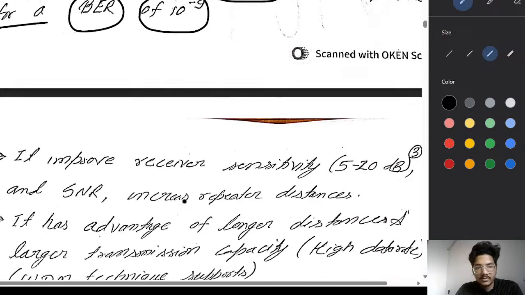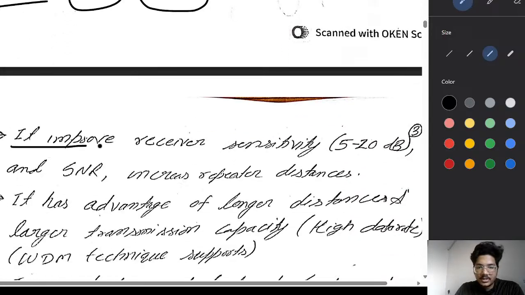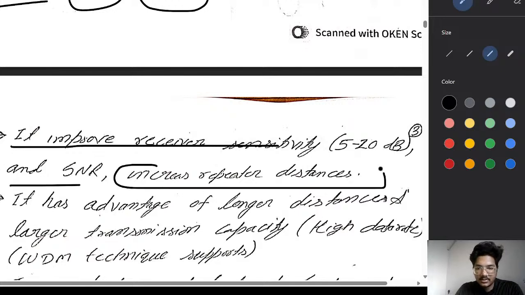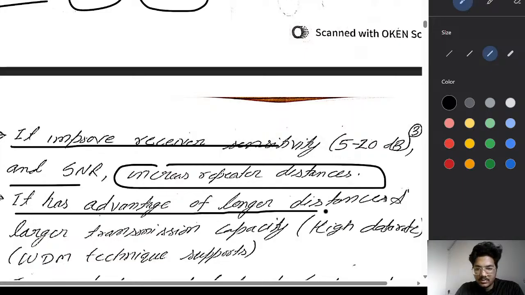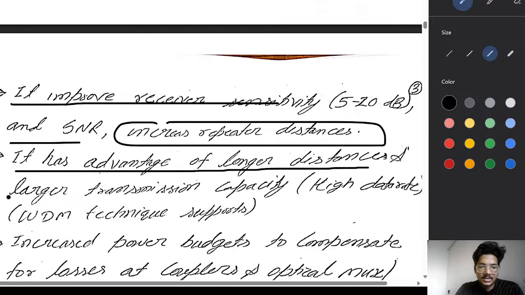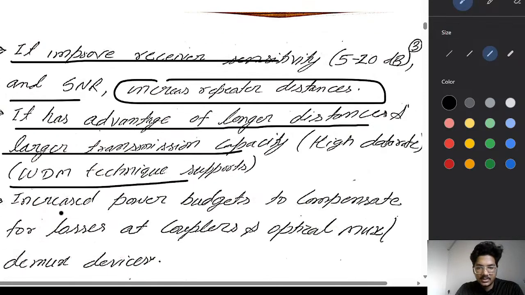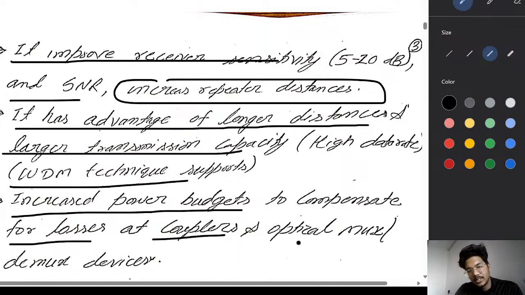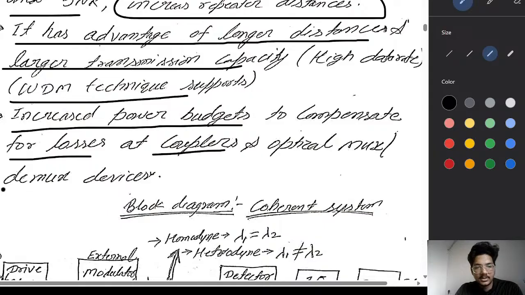It improves receiver sensitivity and SNR and increases the repeater distance. It has the advantage of longer distance, larger transmission capacity, WDM technique support, and increased power budget to compensate for the losses at couplers and optical mux and demux devices.